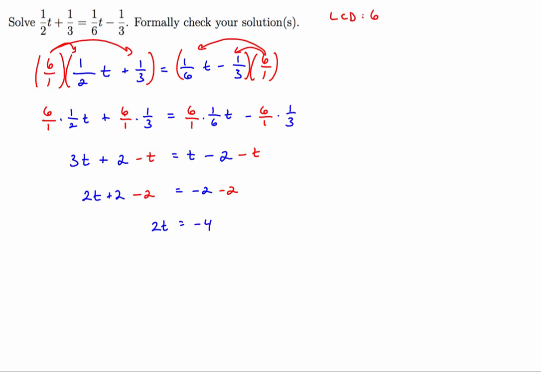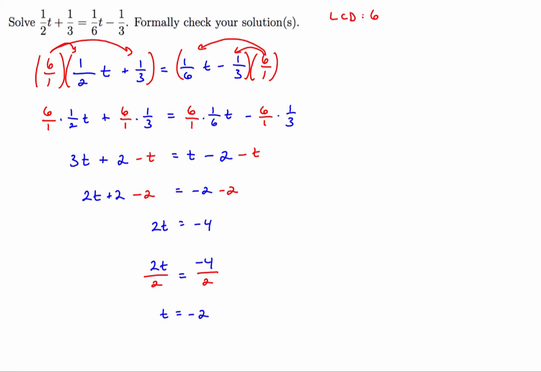We've now isolated the variable term. To eliminate that variable's coefficient, we need to do the opposite of what is being done. Currently I'm multiplying by 2, so to cancel that out, I need to divide, and therefore both sides of the equation, by 2. 2t divided by 2 is t, and negative 4 divided by 2 is negative 2. It appears that the solution for this equation should be negative 2.